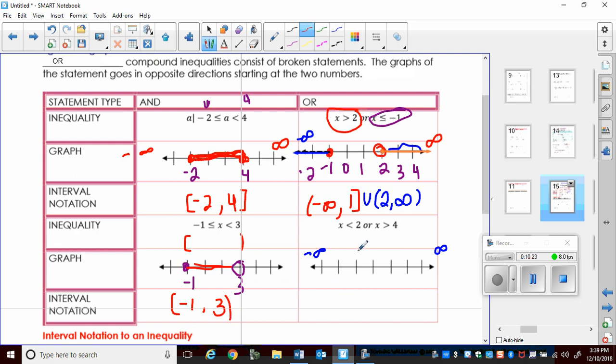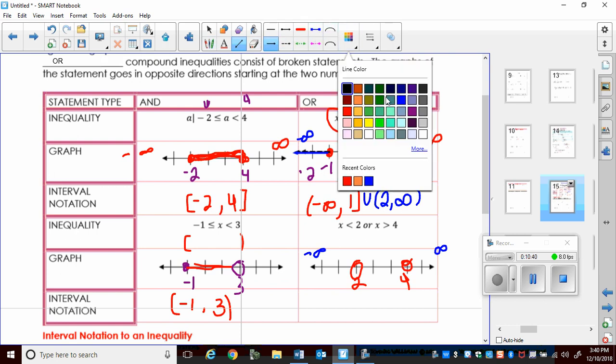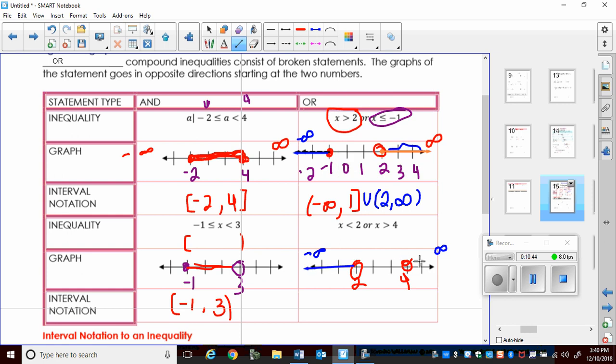Over here, there's no equal to. We just have 2, and we have 4. It's not filled in, so there's no equal to. So, and I'm gonna do my opposite rays here. Just make them blue. Okay. There's 1, and there's 1.